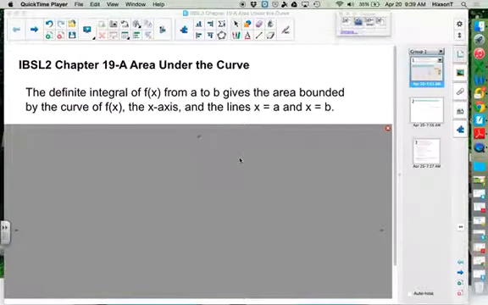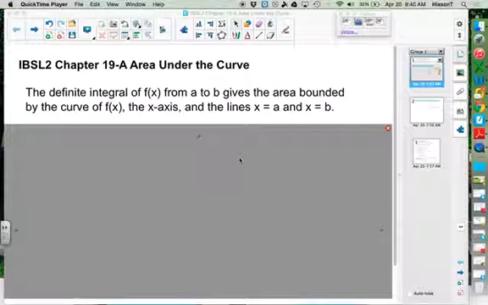Today we're looking at area under a curve, specifically as it relates to definite integrals. I want to point out a couple of things to make sure we have all the details and concepts in line in our heads in order to find these.